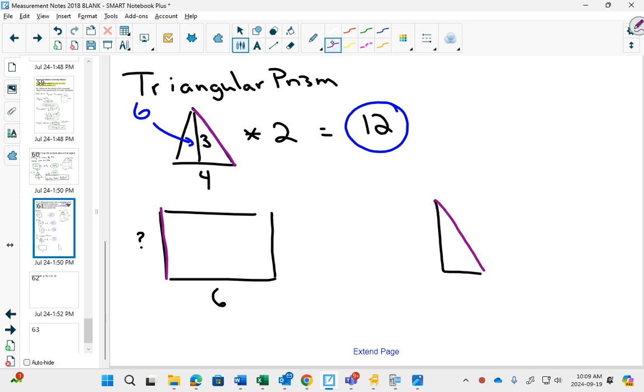I know the height of that right-angled triangle is 3, and the base is half of 4, which is 2, and I can do a squared plus b squared equals c squared. 9 plus 4 is 13 equals c squared. So this purple side is the square root of 13.